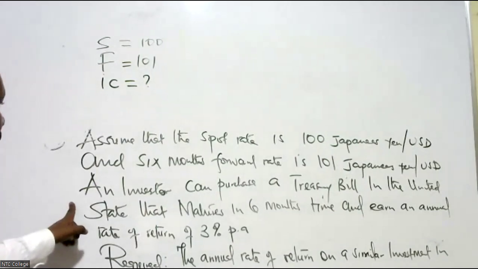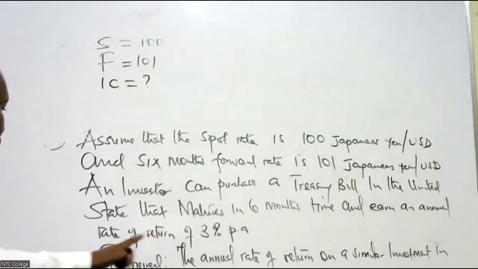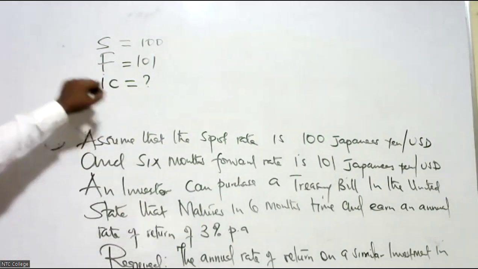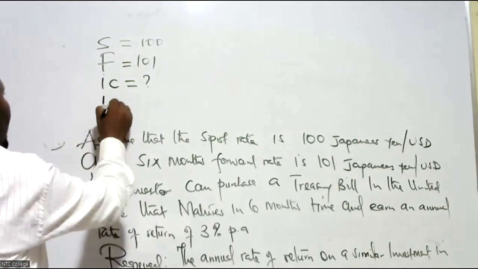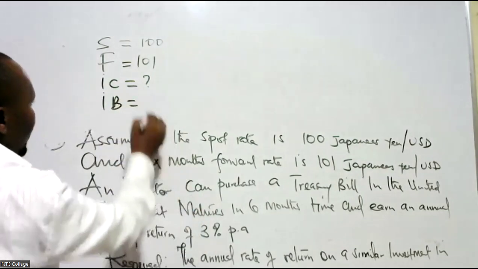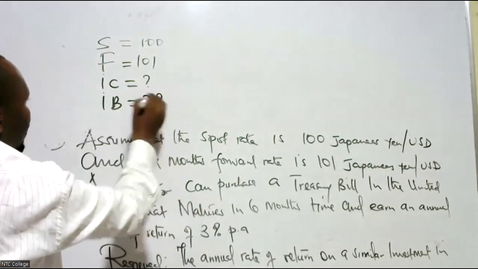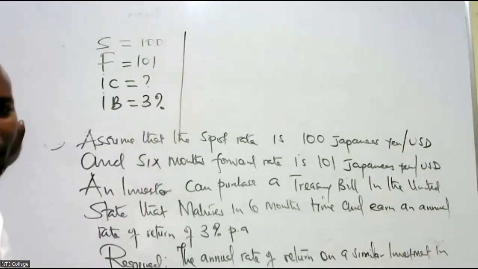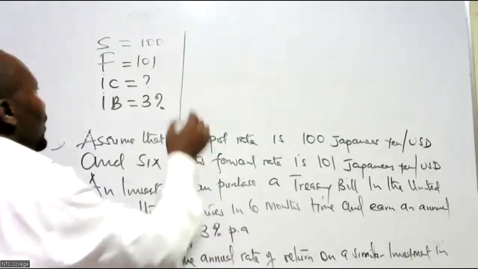They have given you that the investor can purchase that and earn a rate of this. That is the interest rate. So the interest rate in B is the one that is given, 3%. Now, I told you purchasing power parity and interest rate parity are the same formula.